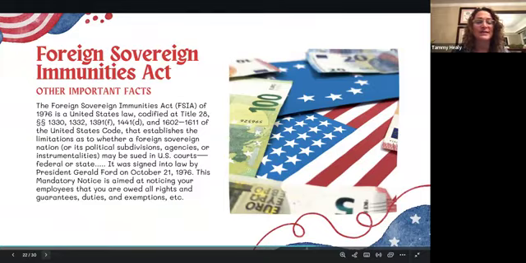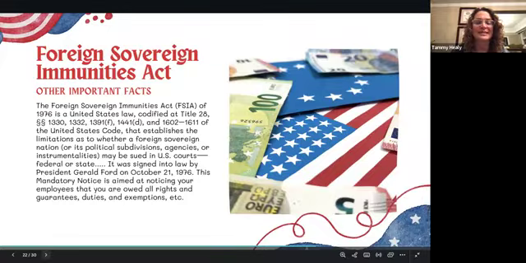That establishes the limitations as to whether a foreign sovereign nation or its political subdivisions, agencies, or instrumentalities may be sued in U.S. courts, federal or state. It was signed into law by President Gerald Ford on October 21st, 1976.